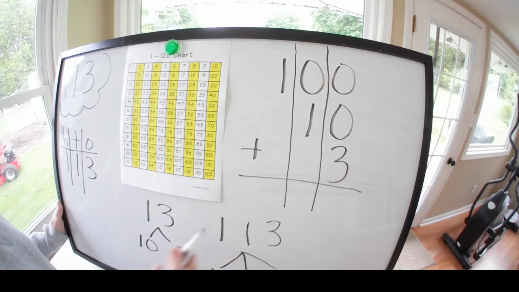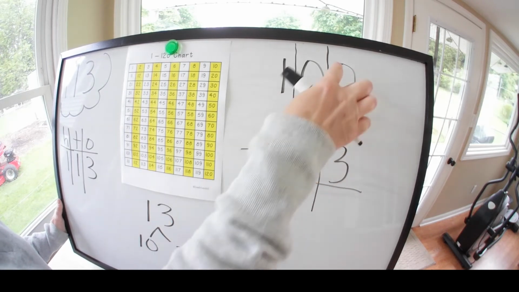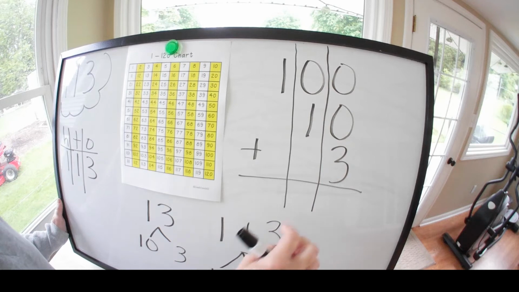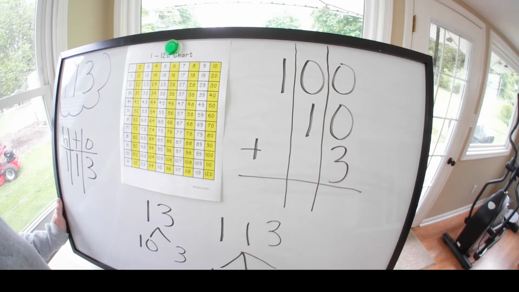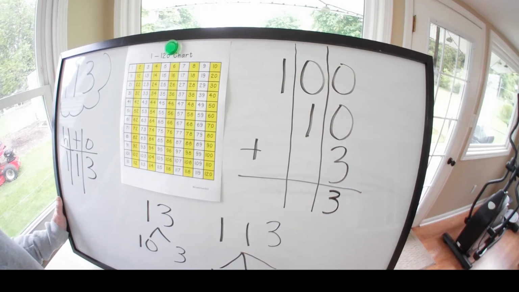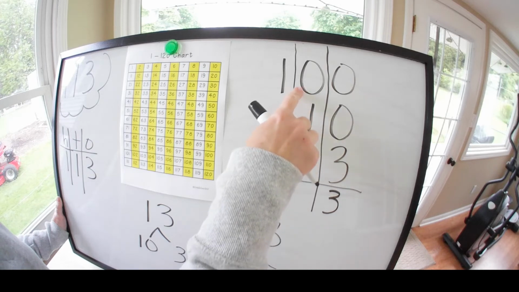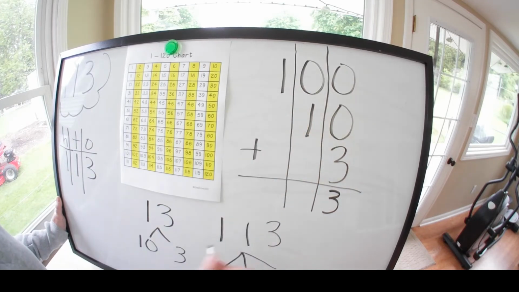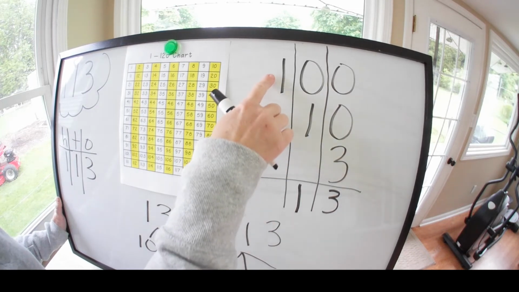I'm going to do my ones first like I always do. I have 2 zeros and a 3. So that means that this 3 doesn't change, does it? That 3 is going to stay a 3 because 3 plus 0 is 3. Here's my 10s. You've added 10s before. What's 0 plus 1? Or I could say 1 plus 0. 1. So there's my 13. Now, here's my 100.